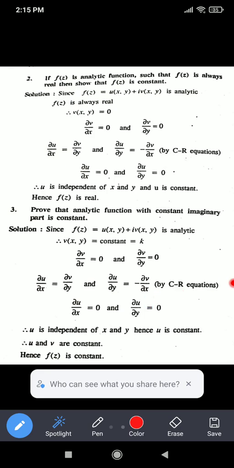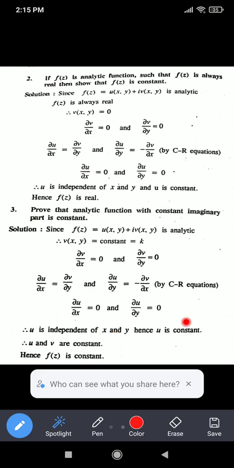So here substitute the values of ∂v/∂y and ∂v/∂x. Then we get ∂u/∂x is equal to 0 and ∂u/∂y is equal to 0. Therefore, the real part u is independent of x and y, hence u is a constant.